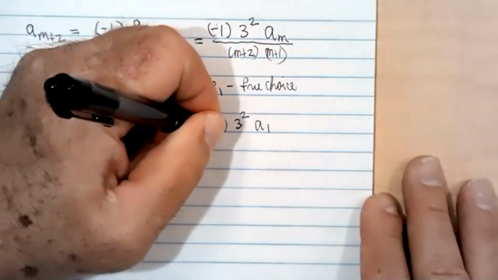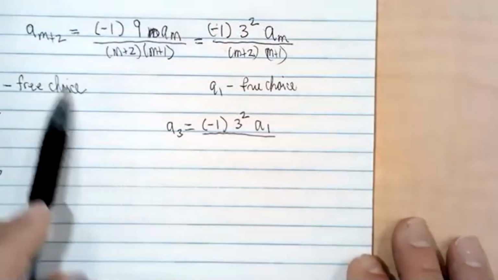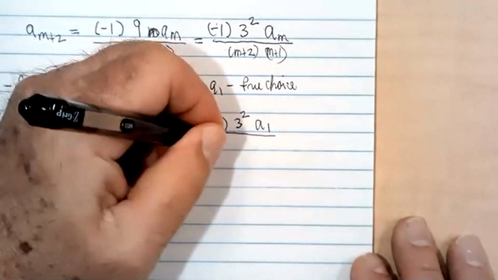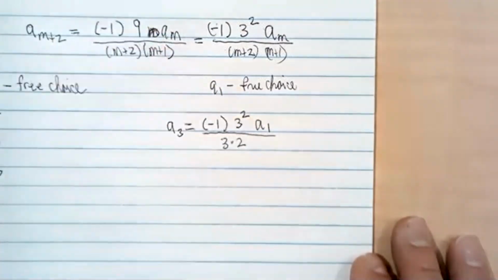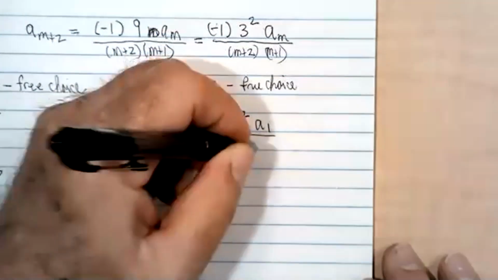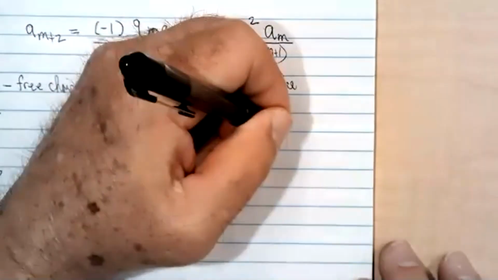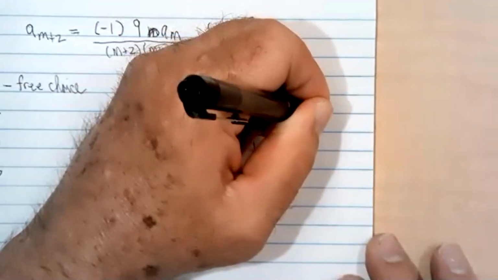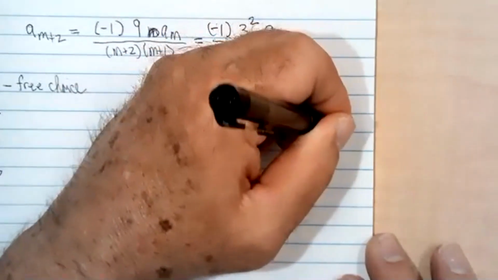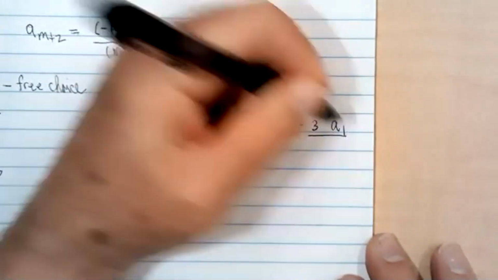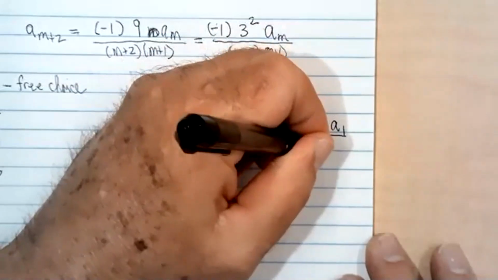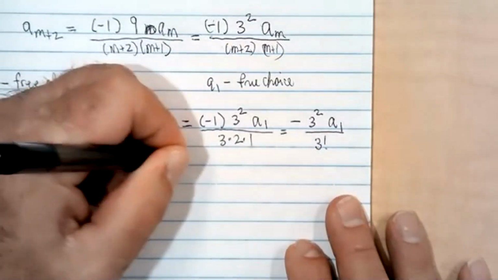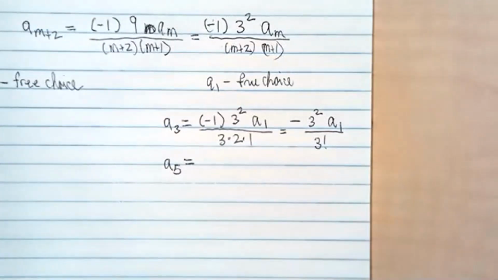And then on the bottom, notice m plus 2 is here and here. So this is going to be 3 times 2. And of course, you can get the 1 for free. So this one is minus 3 squared A1 over 3 factorial.